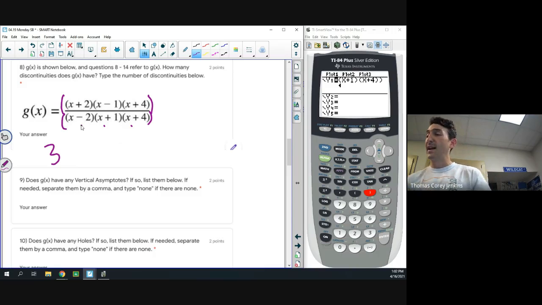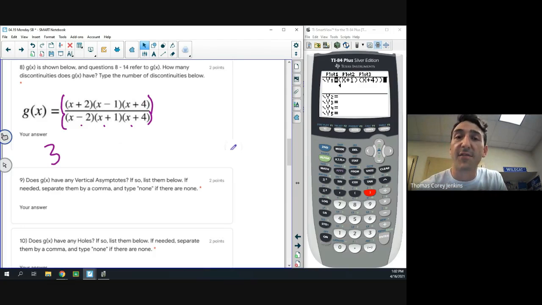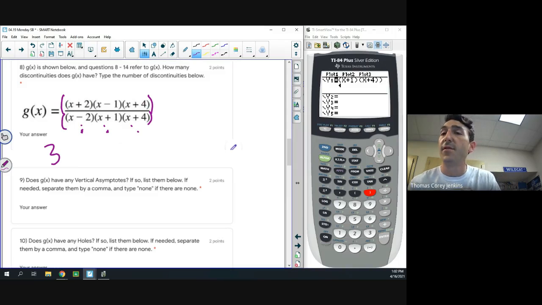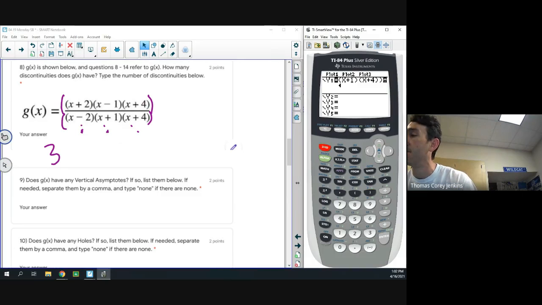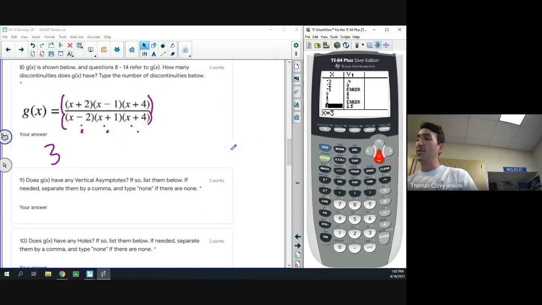So we can see that if we look at the table, maybe. So should have a discontinuity at x equals 2, x equals -1, and -4. So let's go verify that. So -4, -1, and then we set it to 2. We can see those all have errors, so that's good. That confirms what we thought.